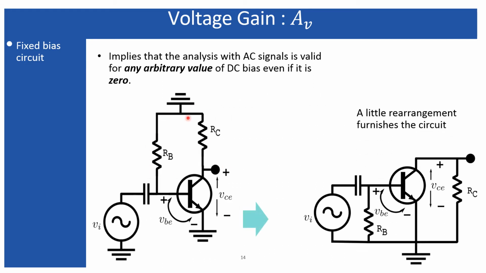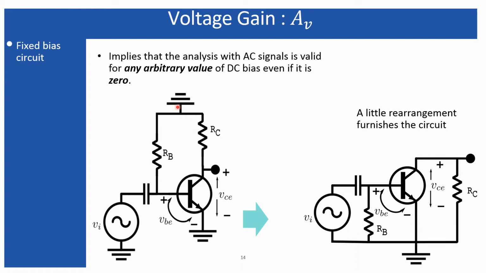So finally, this circuit can be equivalently represented by this circuit also, because from here you can see the base terminal. If you consider finally that the DC voltage is replaced by the ground potential, this is obviously true because the output voltage is based on the superposition of the AC current and the DC current.